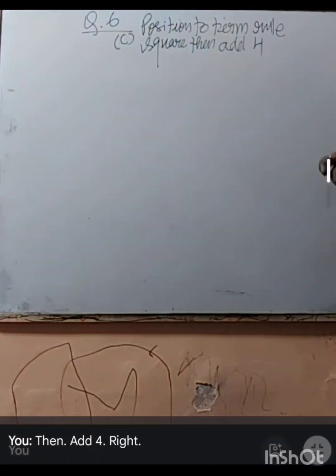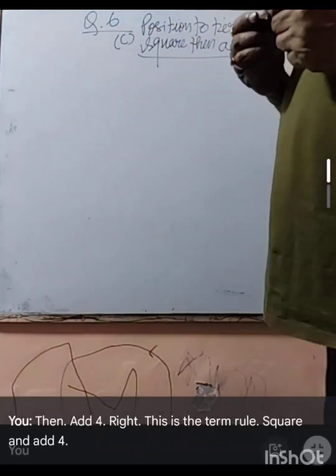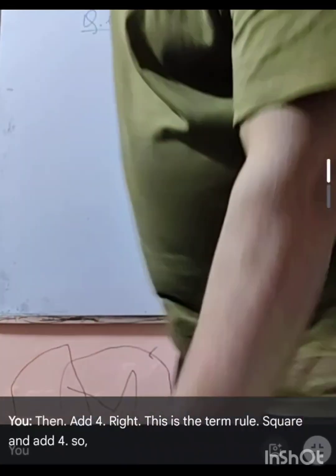This is the term rule. Square and add 4. So we will make a table for this.